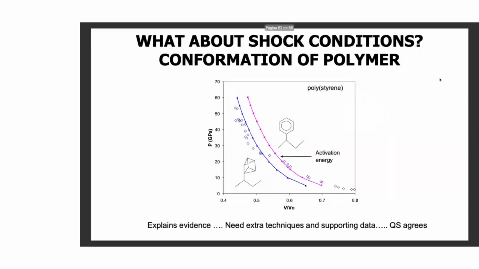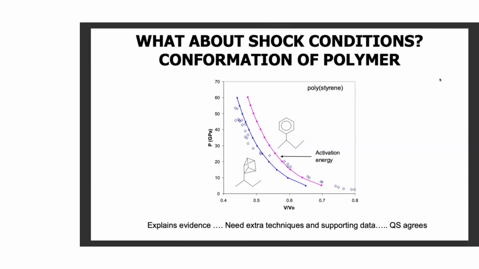And then one question was, what about the shock conditions? What about the polymer? Well, there was a kink I mentioned in the Us-Up graph very early on, and I said this is the free volume. So here is an example of a prediction made by this model. This is a prediction. It needs experimental verification.